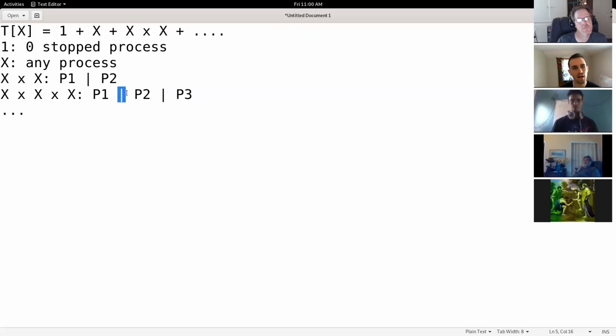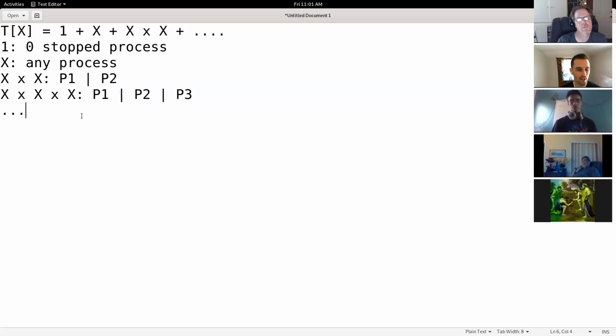In the sense that if we restrict ourselves, so if we look at this as our operation, the stopped process will be the unit for that operation. This operation is associative and commutative. It has exactly the same properties as traditional multiplication does.